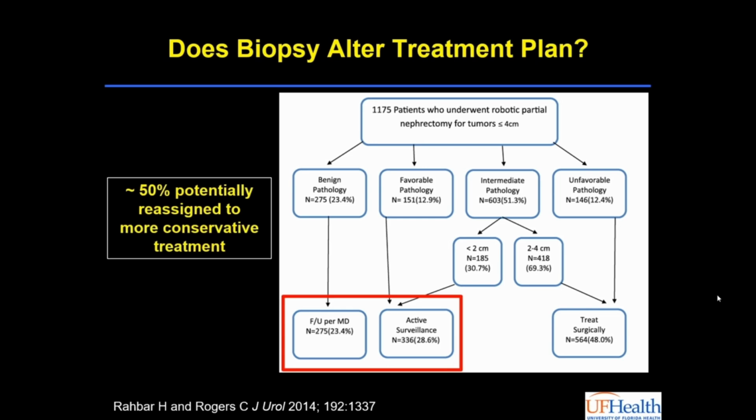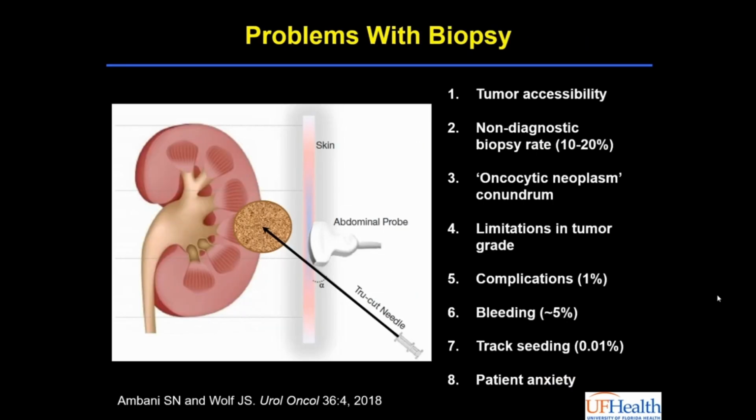And they identified if they applied that particular scheme to this particular set of patients, that close to 50% of patients could have potentially been reassigned to a more conservative treatment. So again, this is really suggesting that if we did know ground truth what these tumors were ahead of time, it could assign a fair number of patients to a less aggressive intervention.